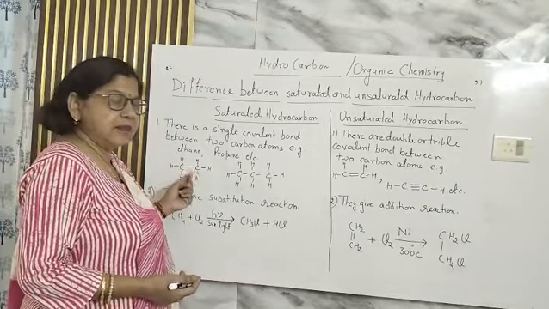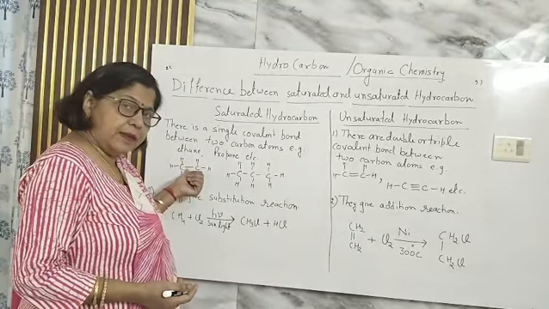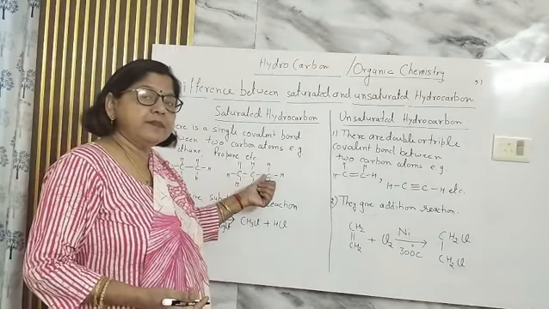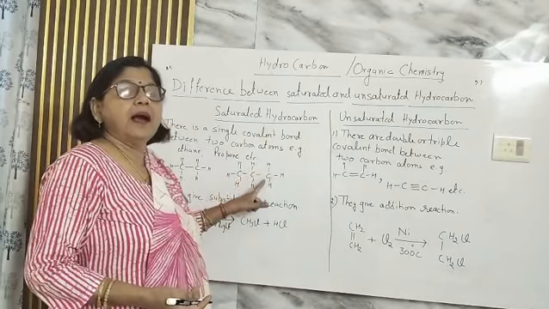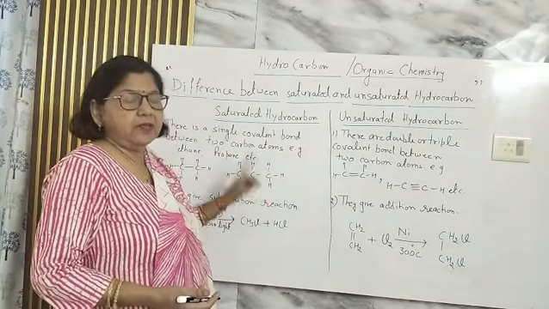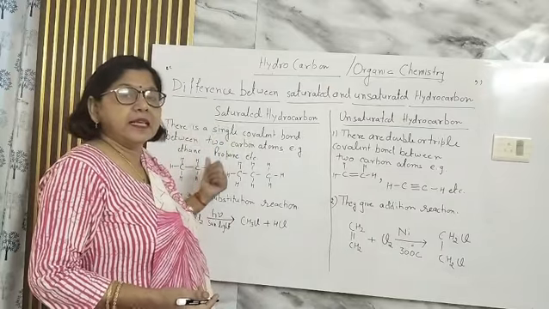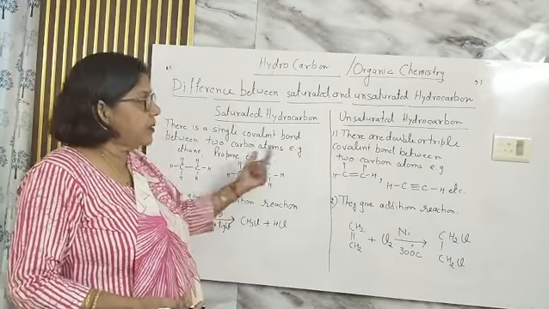Ethane has two carbon atoms, with a single covalent bond between them, whereas propane has three carbon atoms, with single covalent bonds between the carbon atoms, right? So saturated hydrocarbons are those where there is a single covalent bond between the carbon atoms.